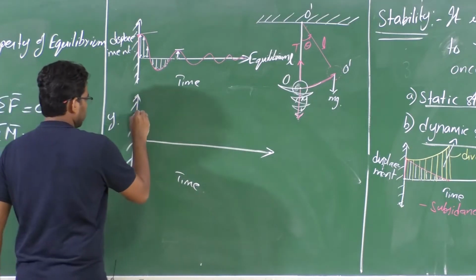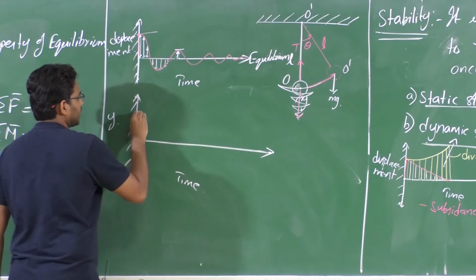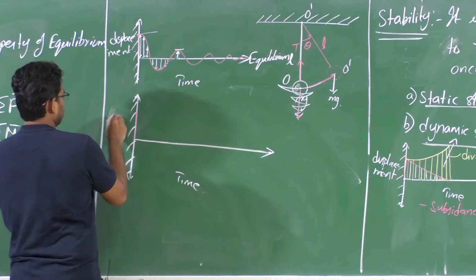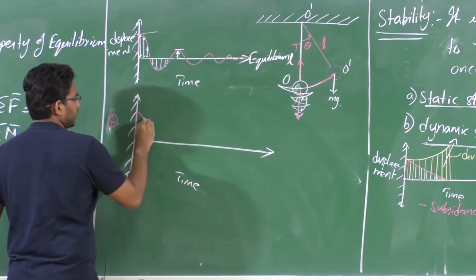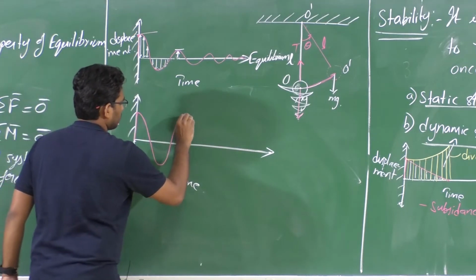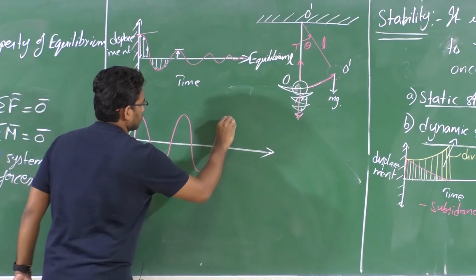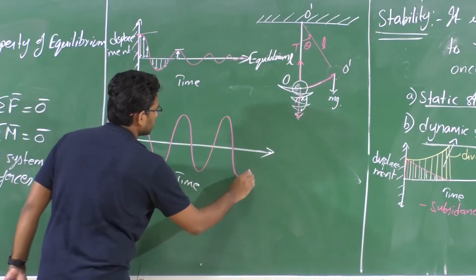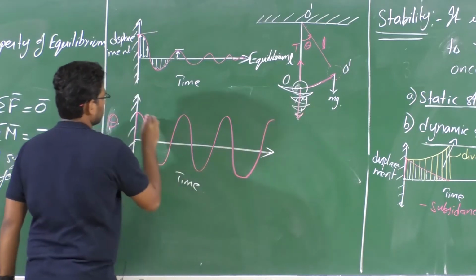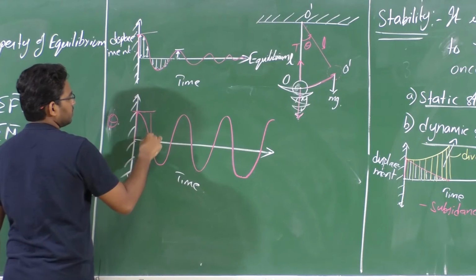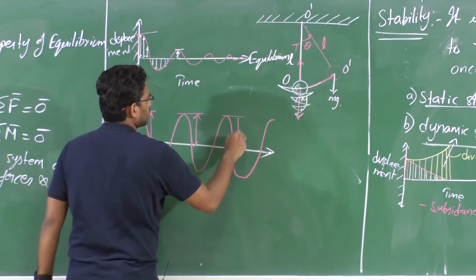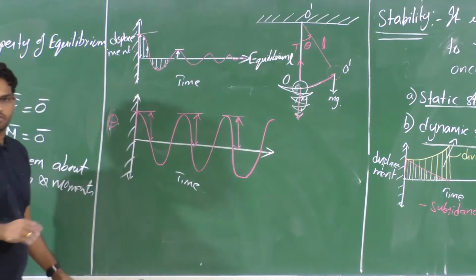So if I displace it by an angle theta, when there is no dissipation of energy in the system, it will try to oscillate, right? The magnitude or amplitude of oscillation will remain constant with time, since there is no dissipation.